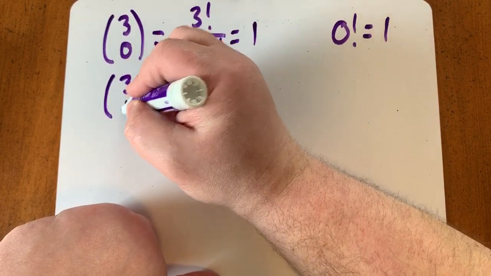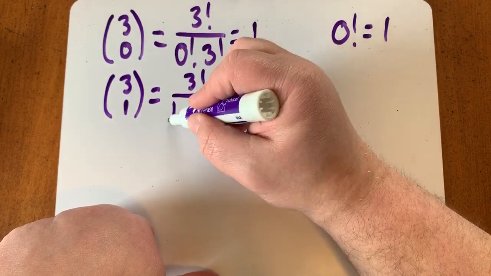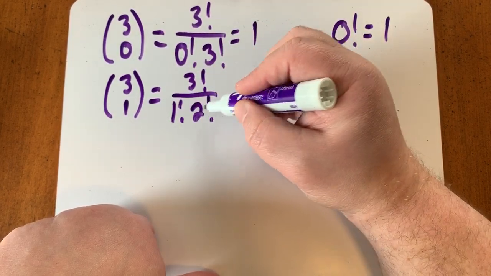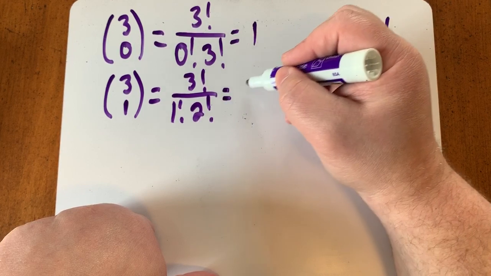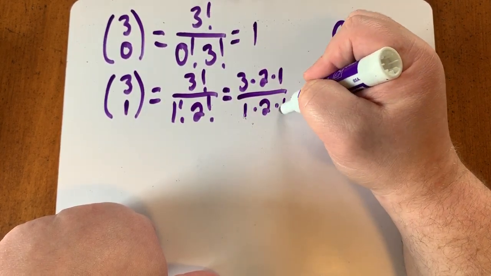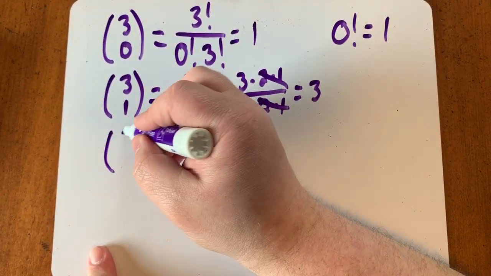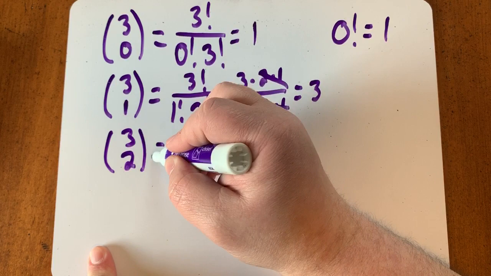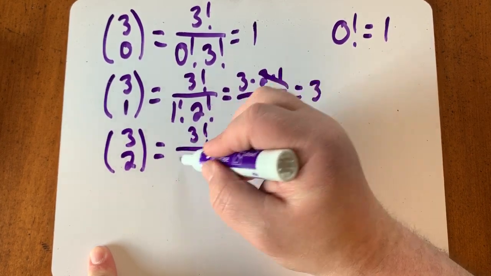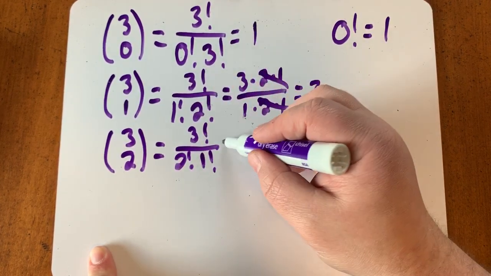If we took 3 things 1 at a time, 3 factorial over 1 factorial, 2 factorial, because 3 minus 1 is 2. So it's 3 times 2 times 1 over 1 times 2 times 1. Those divide off, leaving us with 3. 3 things taken 2 at a time, 3 factorial over 2 factorial, 1 factorial. That's literally the same thing because these are multiplication.